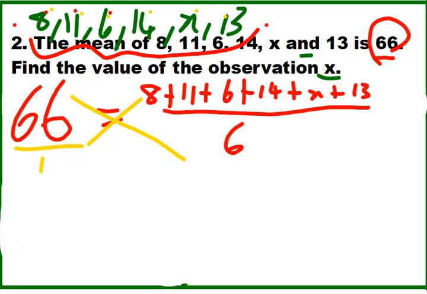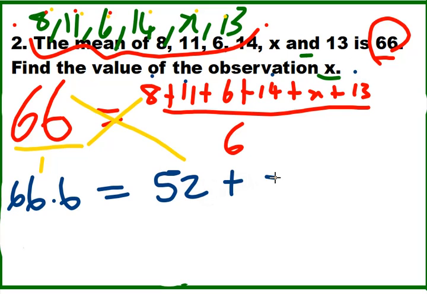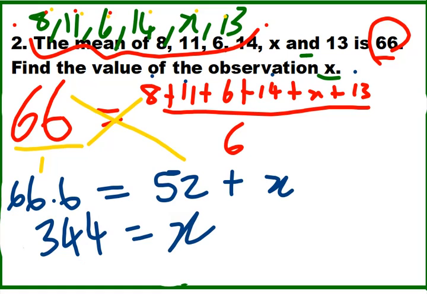So 66 times 66 is equal to, if we add 8 plus 11 plus 6 plus 14 plus 13, we get 52 plus x. And if we put 52 on the other side, we get 344. Yeah, 344. And that's our x.